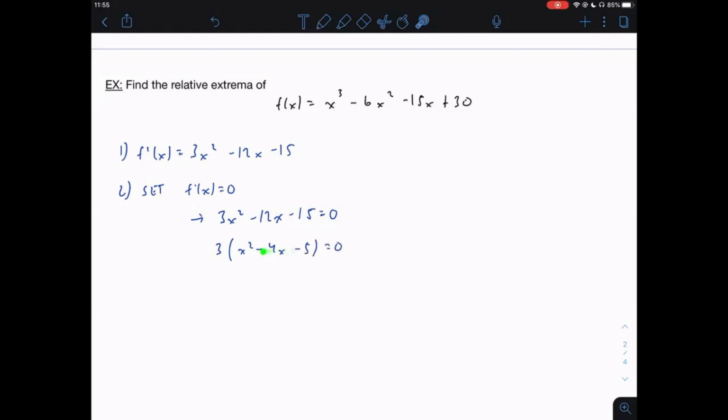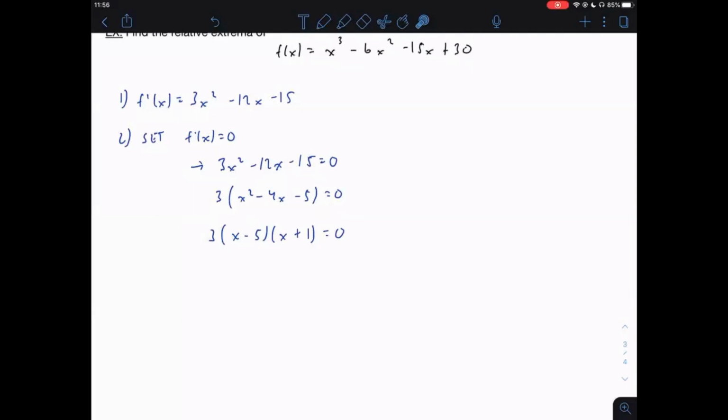And now let's factor this quadratic on the inside to give us 3 times x squared minus 4x minus 5. This factors out into x minus 5 times x plus 1, equal to 0.